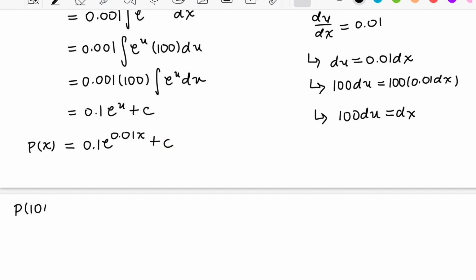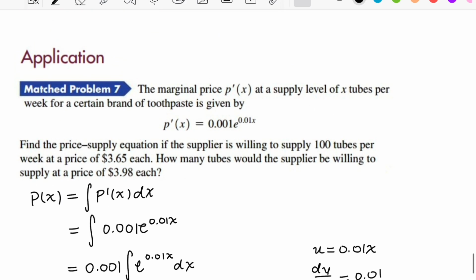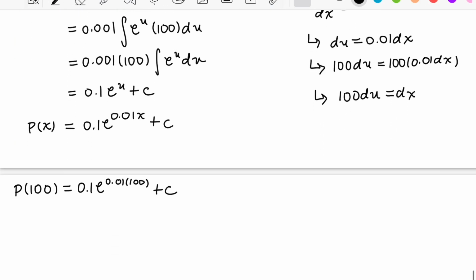So we know that when x is equal to 100, plugging this in here, this is going to be equal to 3.65, all right, because we're looking at the price supply equation, and that is what happens if the supplier is willing to supply 100 tubes per week at that price.